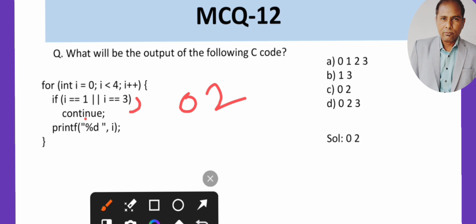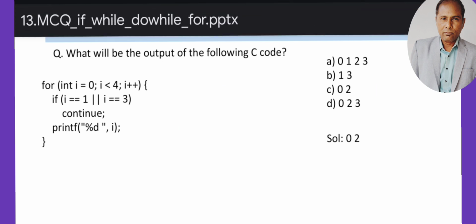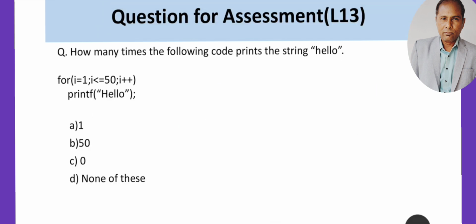Again i will be incremented by 1, and since it is not less than 4, it will be out of the loop. So we will print 0 and 2, so 0 and 2 should be the correct answer, C. So this is all about the MCQs based on the statements and loops lecture.